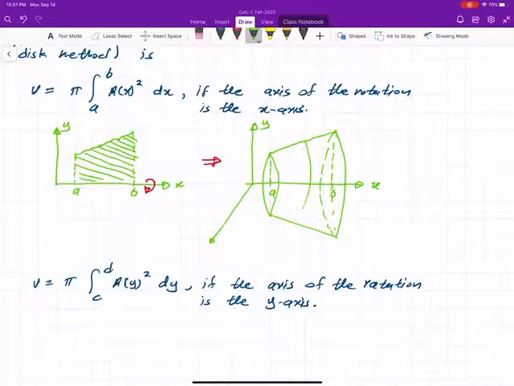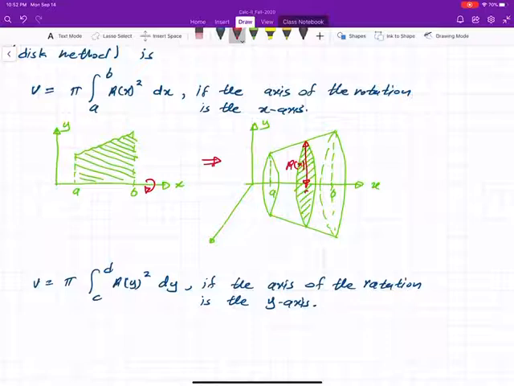Okay, now let's get a cross section. Now let's consider this is the radius of that disk, which is r of x.